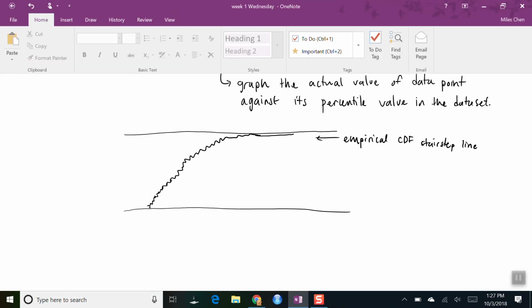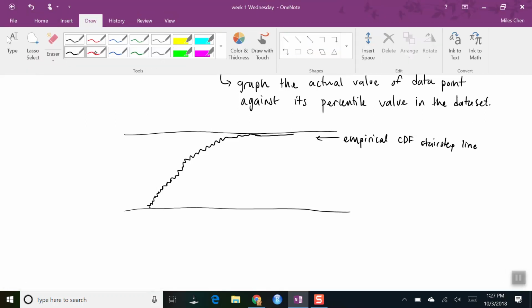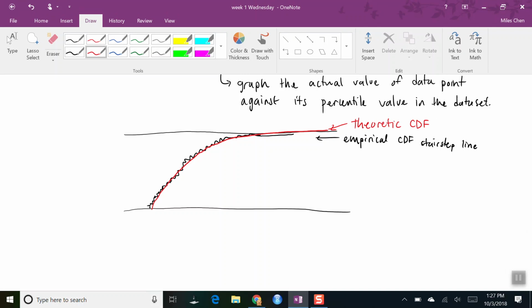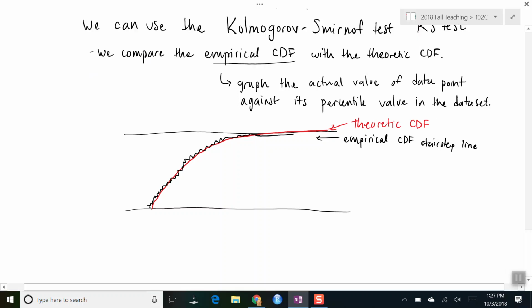So the empirical CDF will be a stair step line, and then we just compare that to the theoretic CDF, which maybe looks like that.